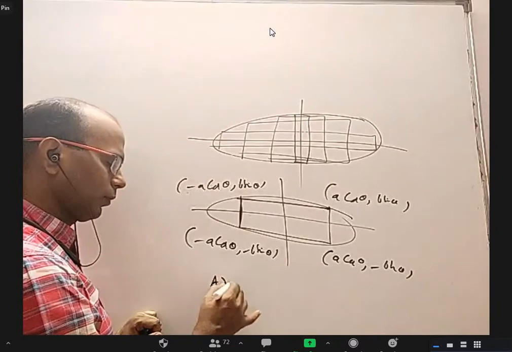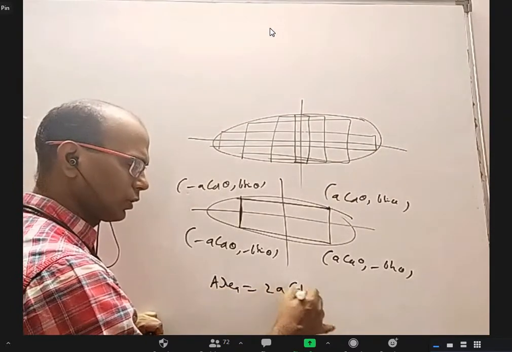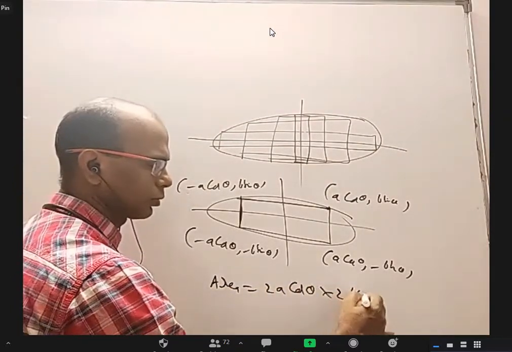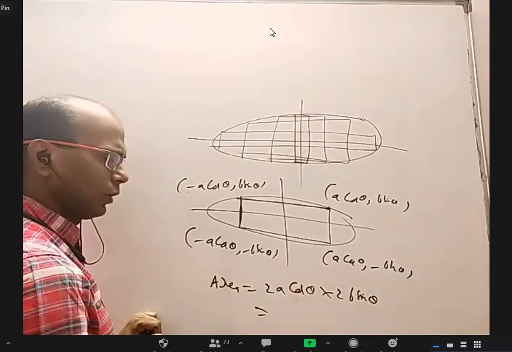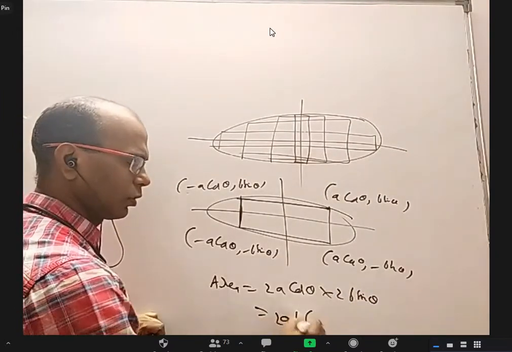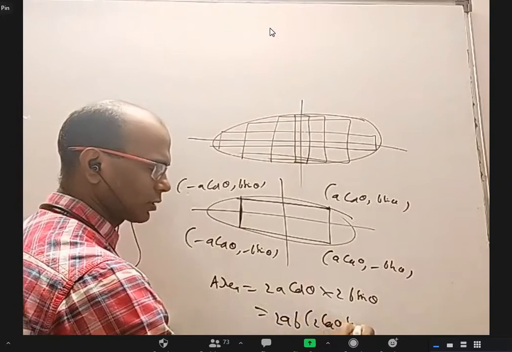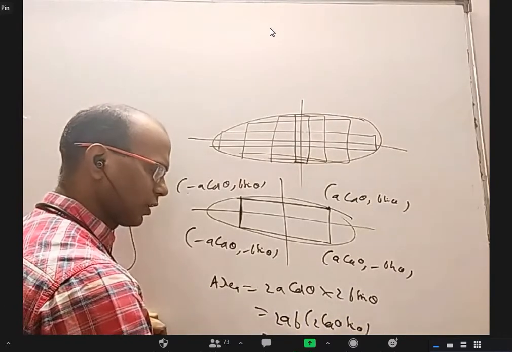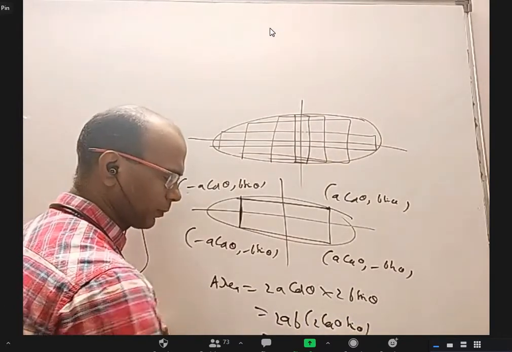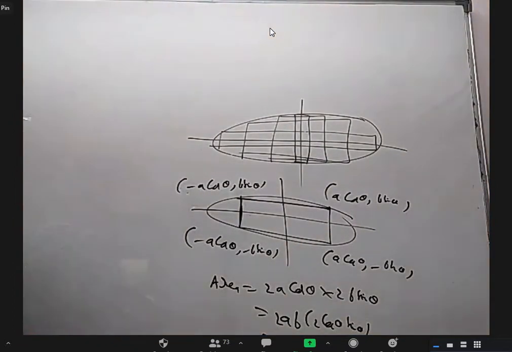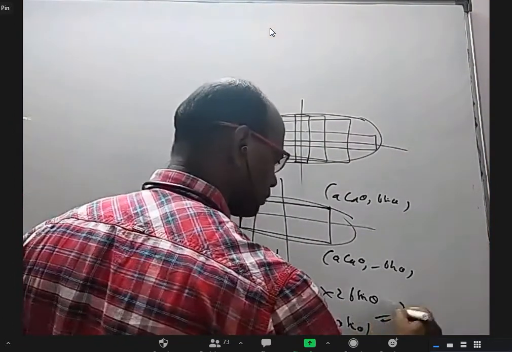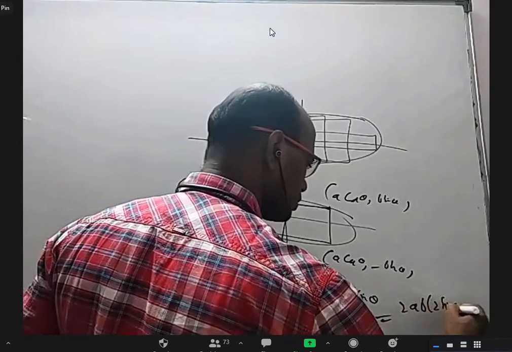So area is equal to 2A cos theta into 2B sin theta. You take AB common and 2 common, you will get 2 cos theta sin theta, which is 2AB into sin 2 theta.